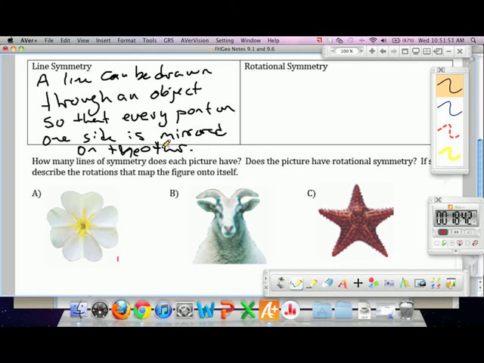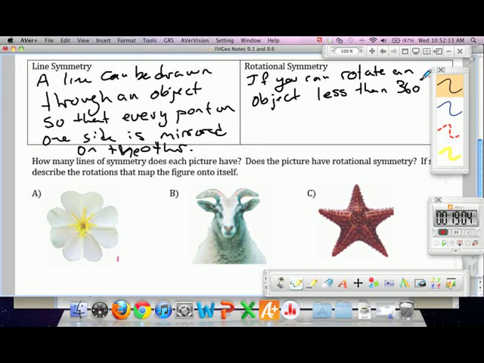Rotational symmetry is similar, but instead of drawing a line and looking for mirroring, we check whether you can rotate an object less than 360 degrees and it returns to its original form.